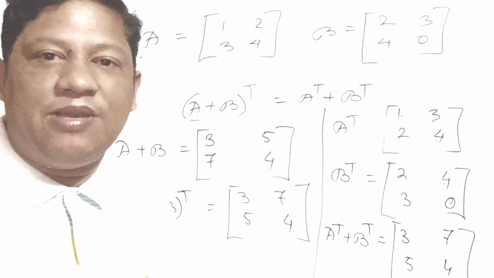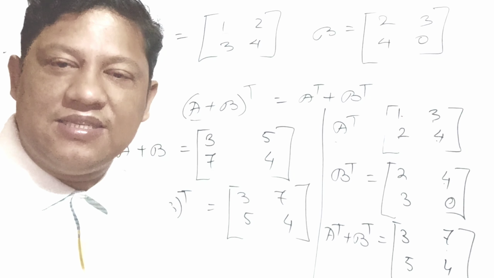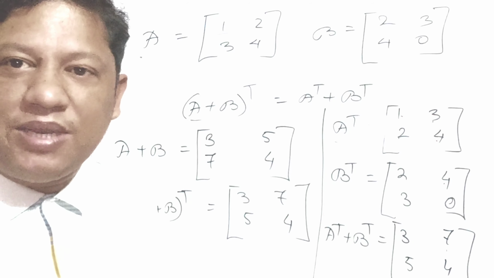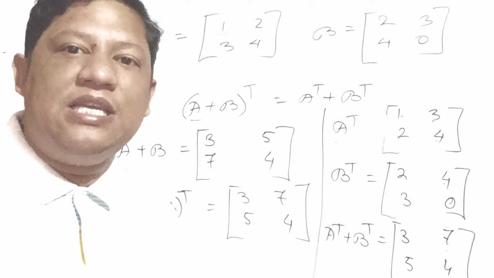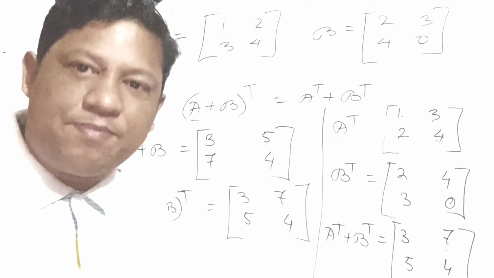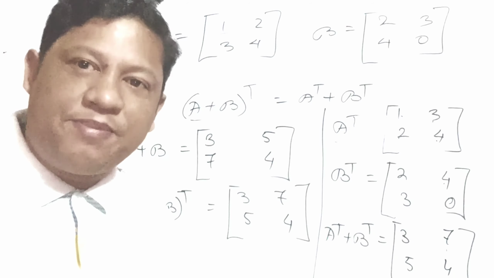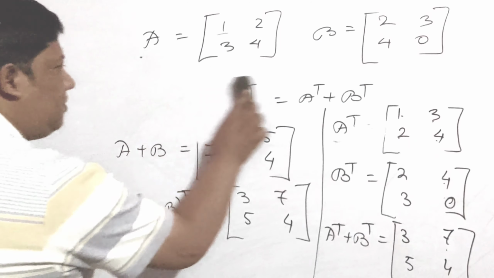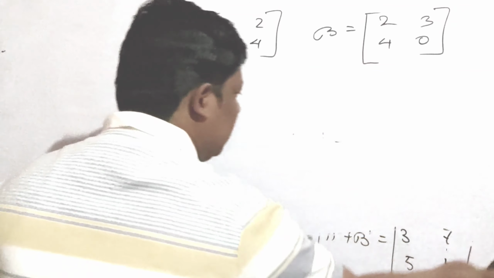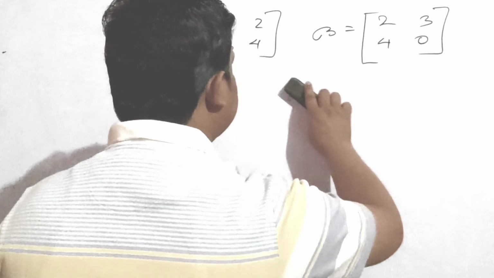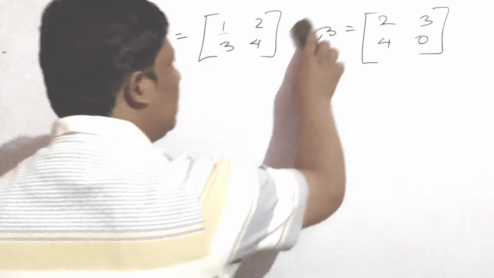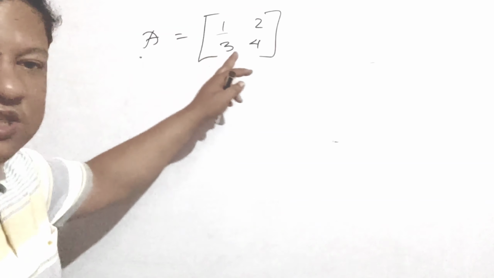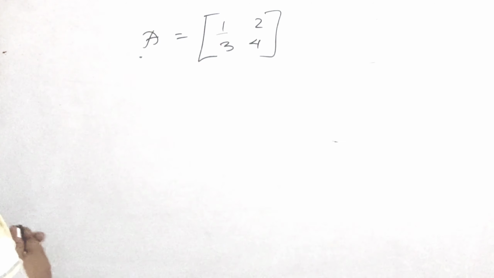So my students, it is given every square matrix. That means you can prove that every square matrix can be expressed as the sum of symmetric and skew-symmetric matrix. So look here, suppose A is a square matrix.